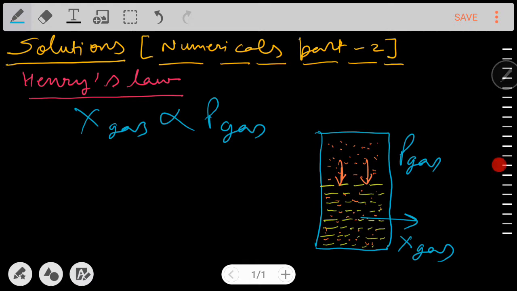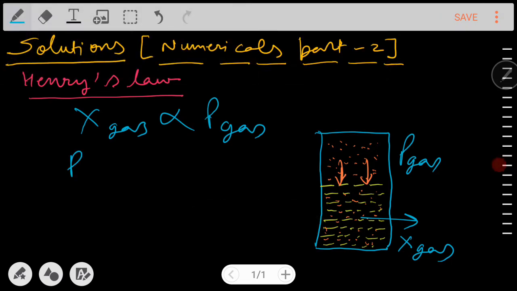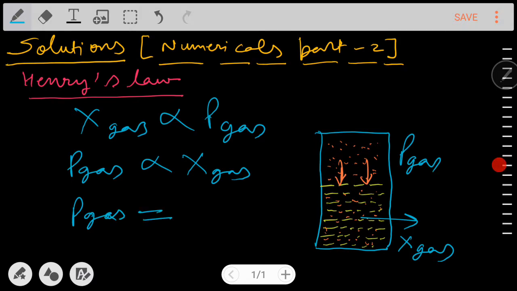This equation can be written in the reversed manner. P gas is proportional to X gas. If you convert the sign of proportionality into equal to, then P gas is equal to KH into X gas.